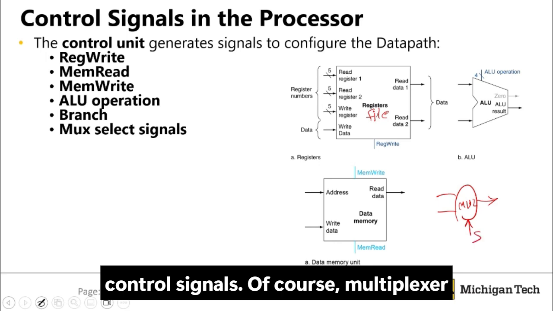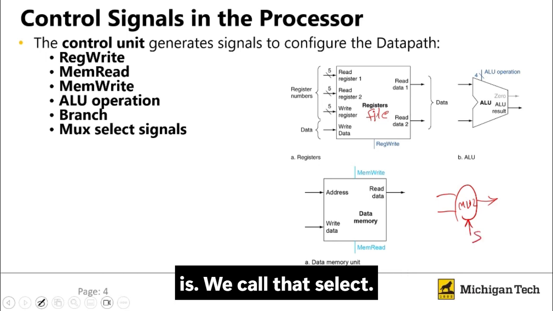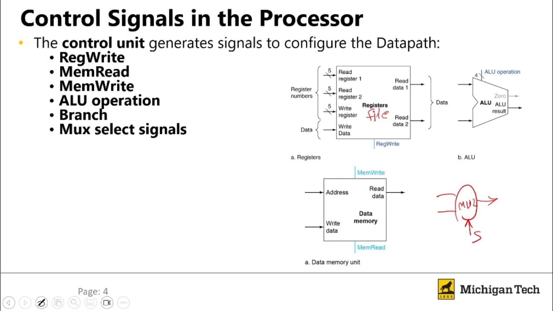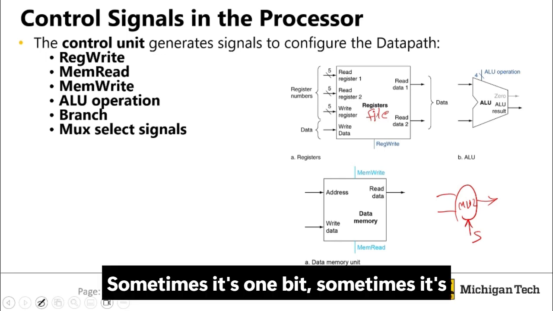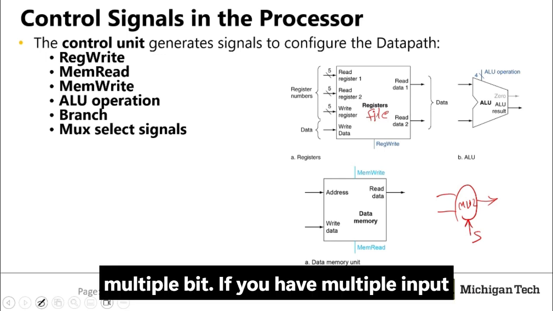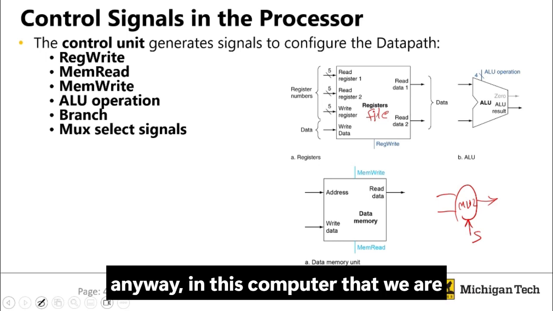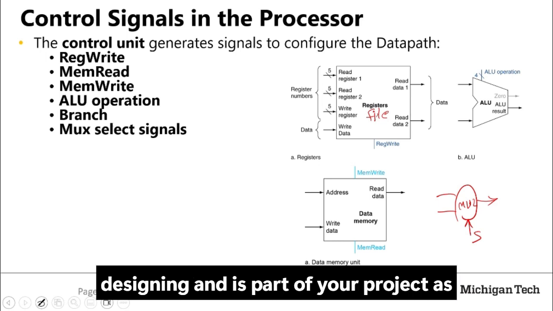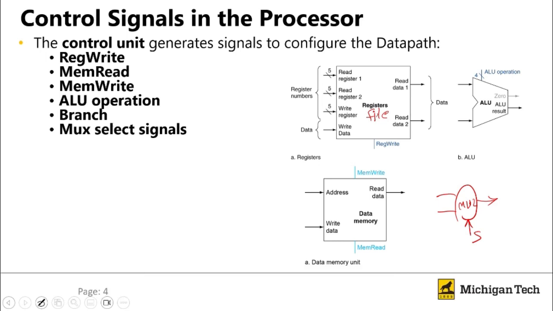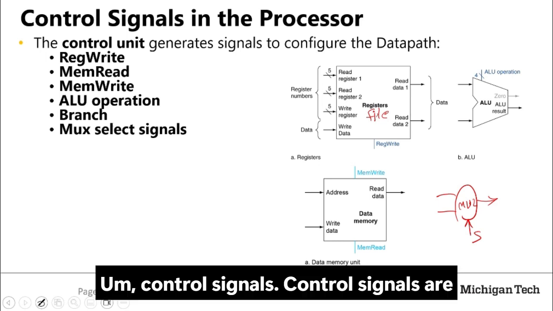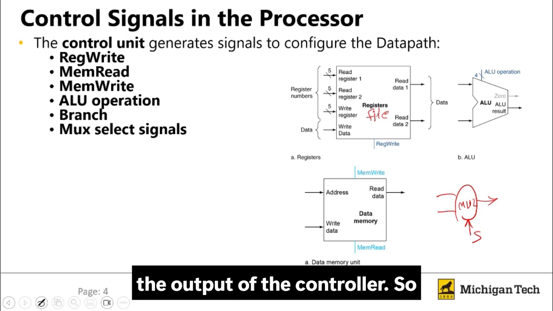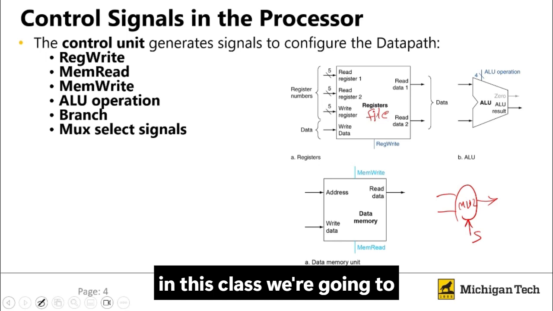For a multiplexer, we call that select. Sometimes it's 1 bit, sometimes multiple bits if you have multiple inputs. Anyway, in this computer that we are designing, which is part of your project as well, we consider these control signals. Control signals are the output of the controller.